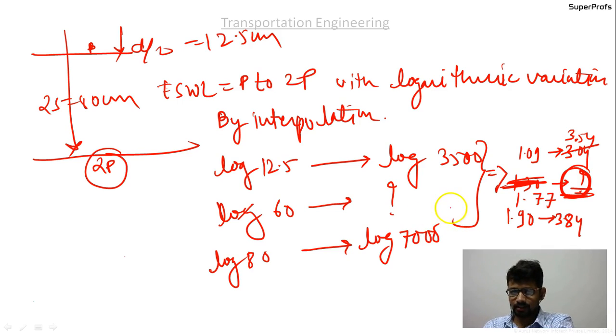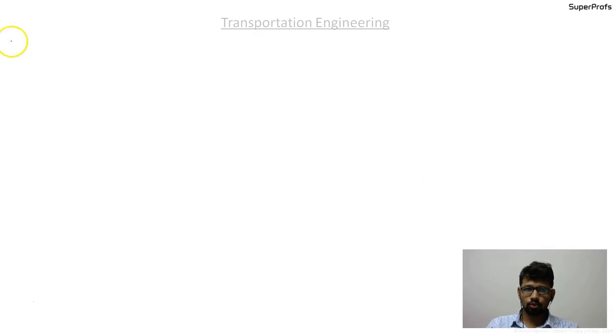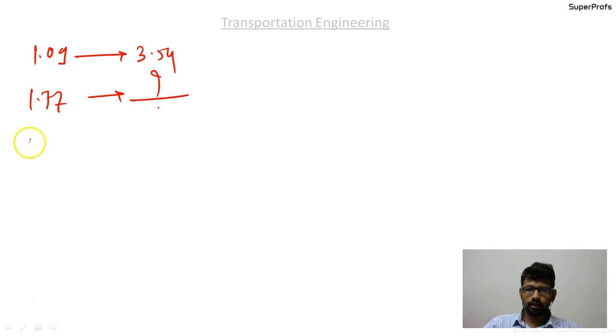Okay, for your simplicity I'll write it over here that you want to interpolate this value, and it is 1.90 and 3.84.